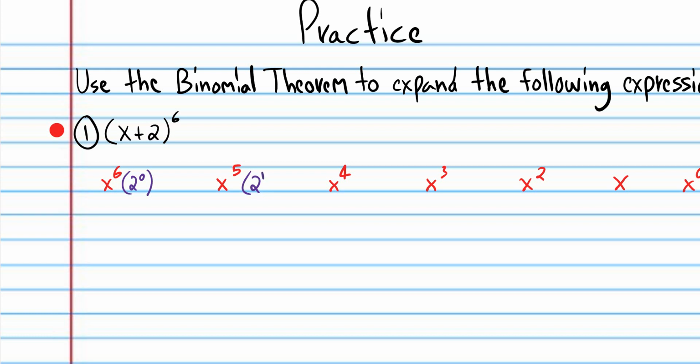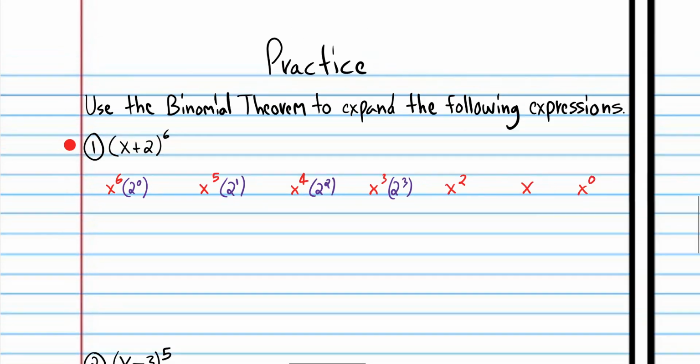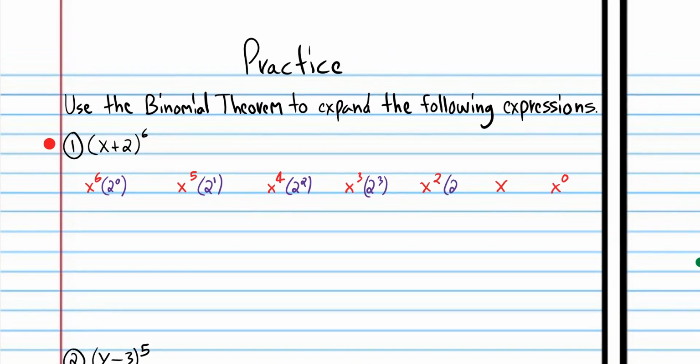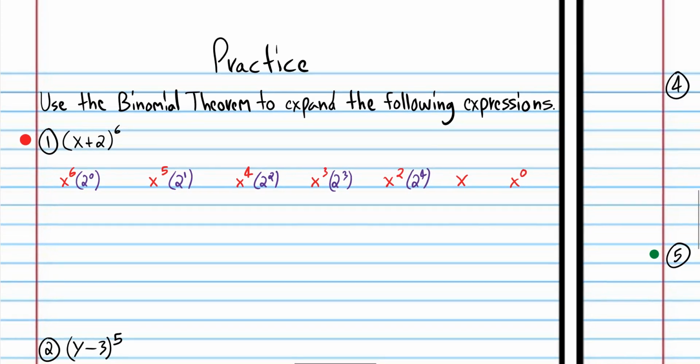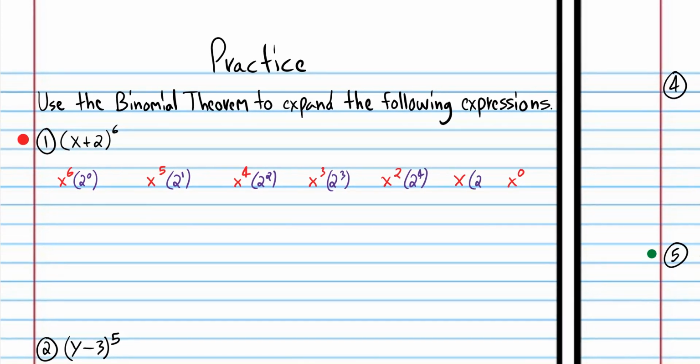Then we're going to go to 2 to the 1st power, then 2 to the 2nd power, 2 to the 3rd power. Again, this is what the binomial theorem tells us, that we have this progression. 2 to the 4th power, 2 to the 5th power, and then 2 to the 6th power. Notice we ended at 6.